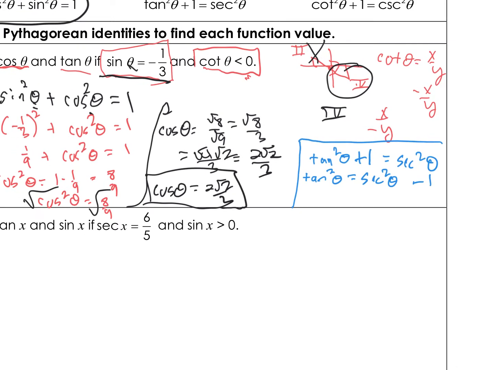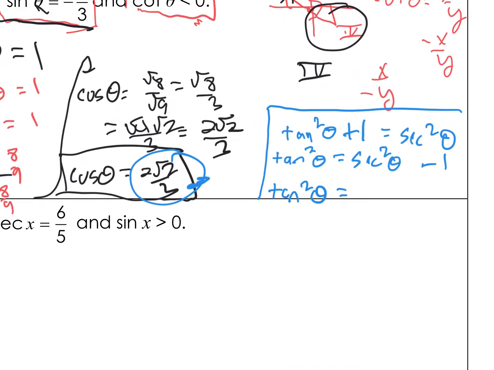So tangent squared theta is what I'm looking for. Tangent will equal the secant. I don't have secant, but I do have cosine. If I flip this, that'll be my secant. So I'm going to flip it. Gets kind of ugly, guys. 3 divided by 2 square roots of 2. Then I have to square it, minus the 1.